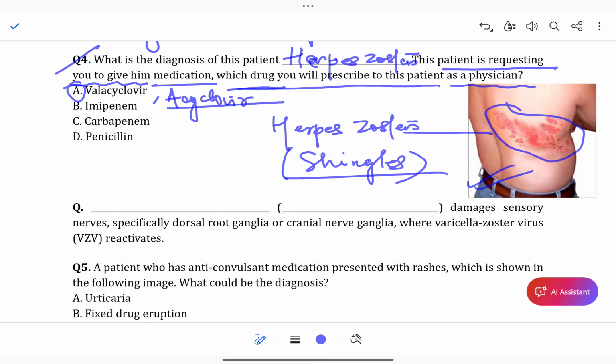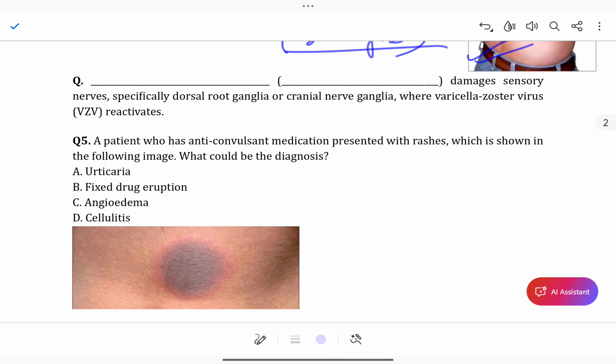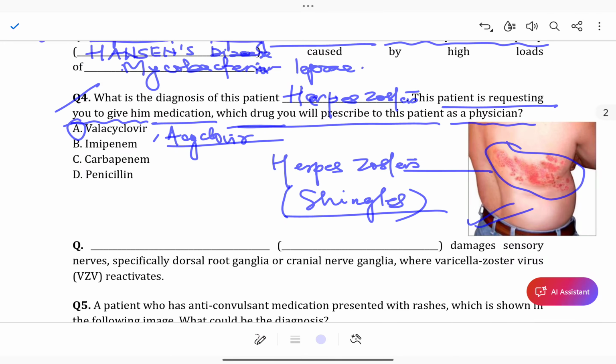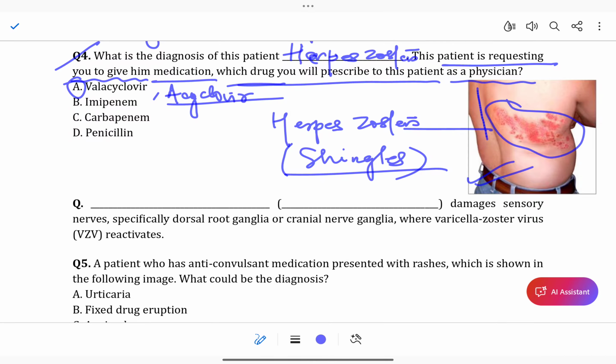Explanation of this question. We can see from the image that the lesion has a clear midline demarcation, and a vesicular lesion on an erythematous base, leading us to the diagnosis of herpes zoster.